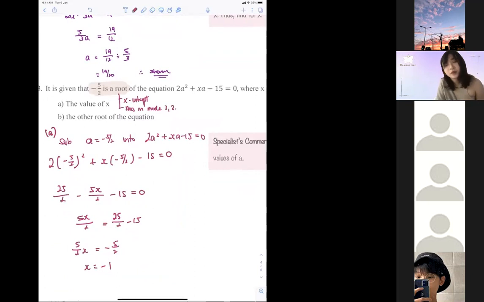This is for part A. So if it's this kind of root question, you can sub the value of A in to find the value of the unknown.